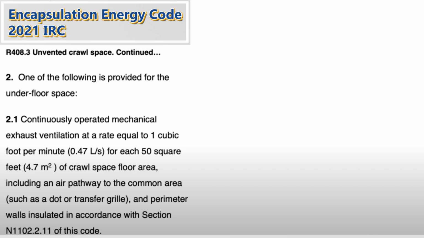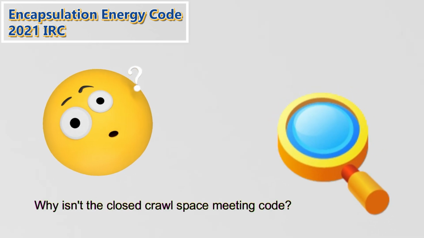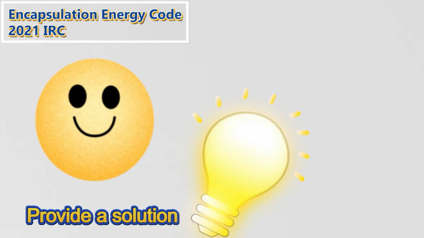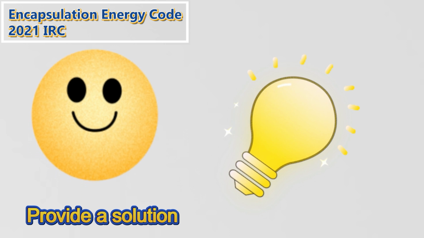I'm showing you all of this information because when you go into a crawl space that has been closed, by code it has to have the correct exhaust, ventilation, air pathway, and wall insulation. The other purpose of this is you being able to detail on an inspection why a closed crawl space isn't meeting code and provide the client with a solution to help solve the issue.